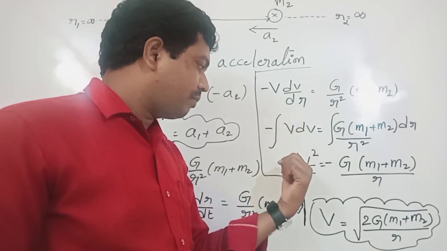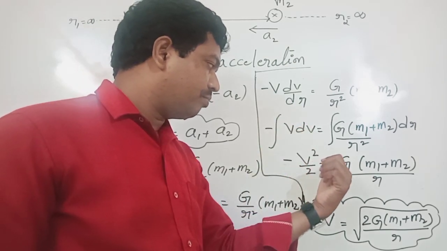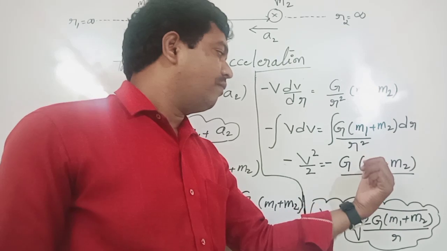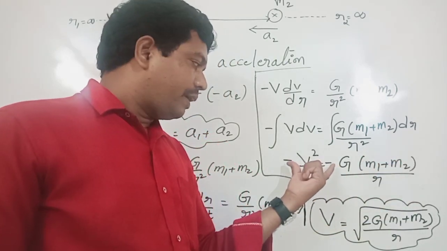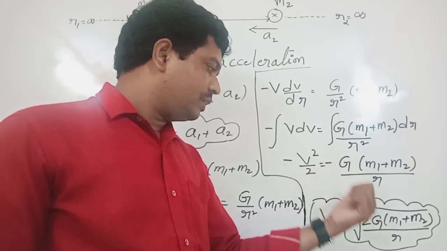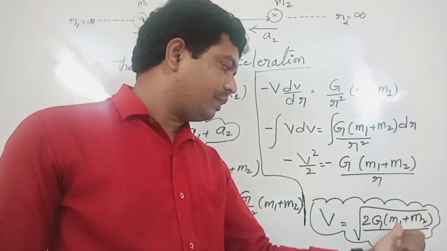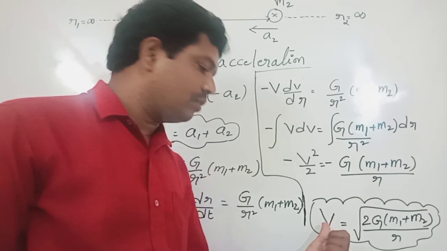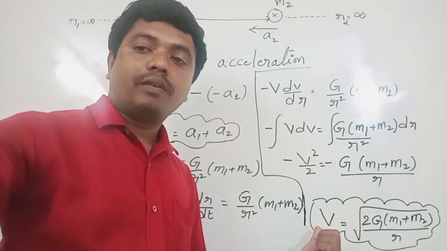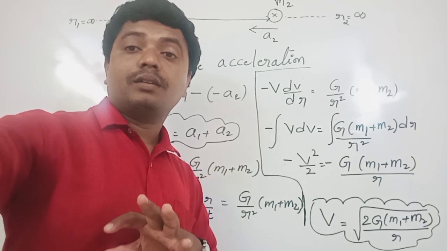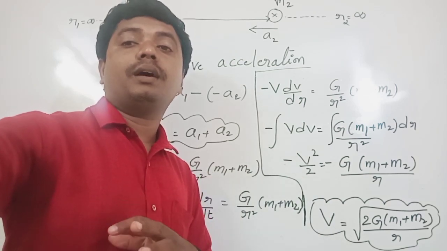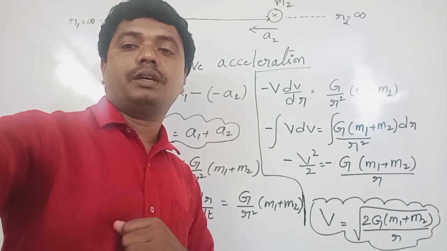After the integration, minus v square by 2 is equal to minus G (m1 plus m2) divided by r, and both sides' minuses cancel. This gives root of 2G (m1 plus m2) divided by r, which is the relative velocity of approach of the two bodies when they are separated by infinite distance.